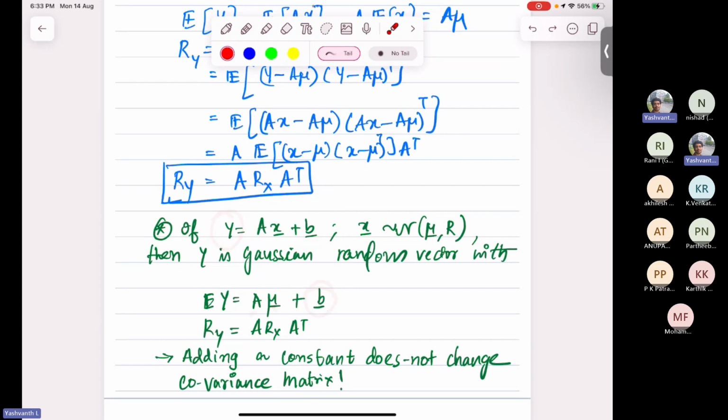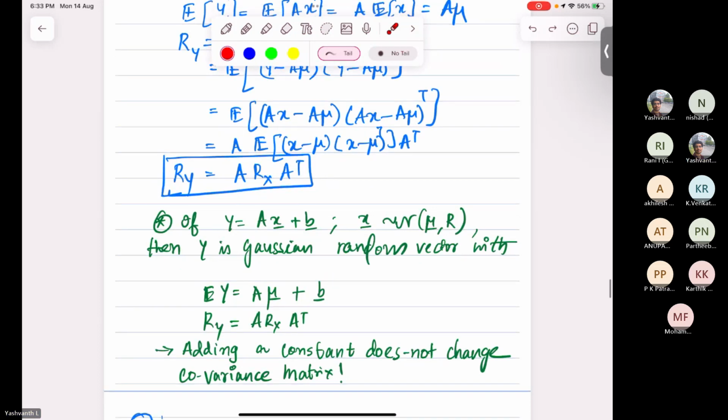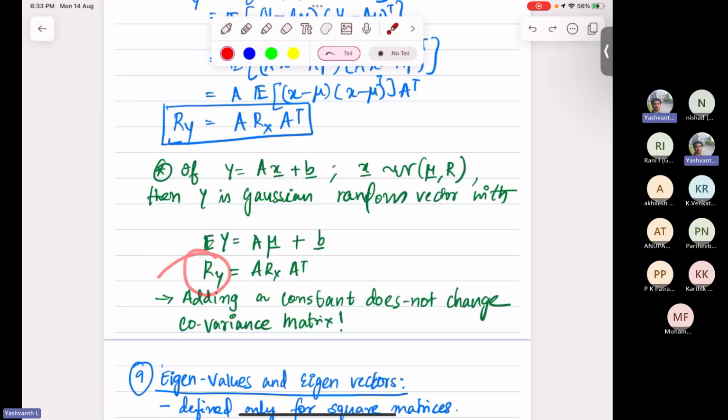That is, whenever you add a constant to a random vector, the mean also gets added by the same constant. But the covariance matrix Ry is still given by A times Rx times A transpose. That is, b does not affect it. Whether you add b or not, the covariance matrix will not change. Adding a constant does not change the covariance matrix.